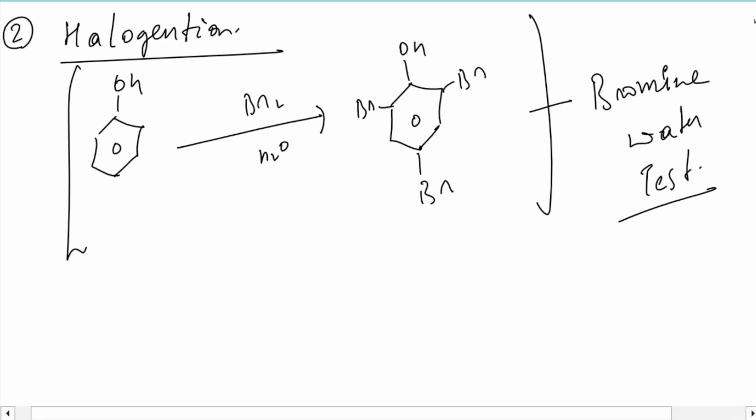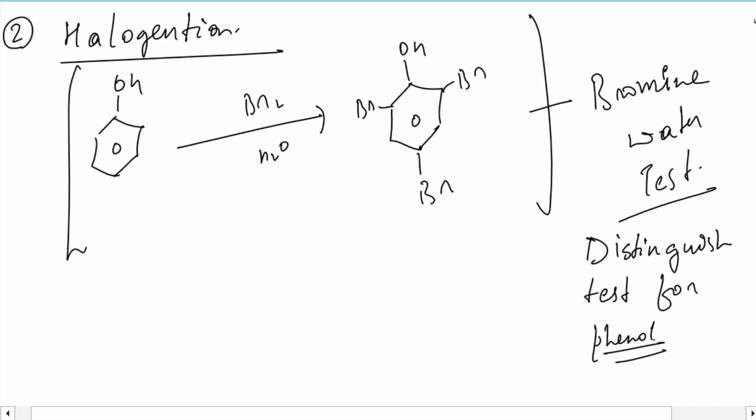So this is a characteristic reaction of phenol. Or we can say this is one of the distinguishing tests of phenols. However, aniline also gives this reaction. This is a distinguishing test for phenol. Okay, we can distinguish phenols from the rest of the compounds by this method.